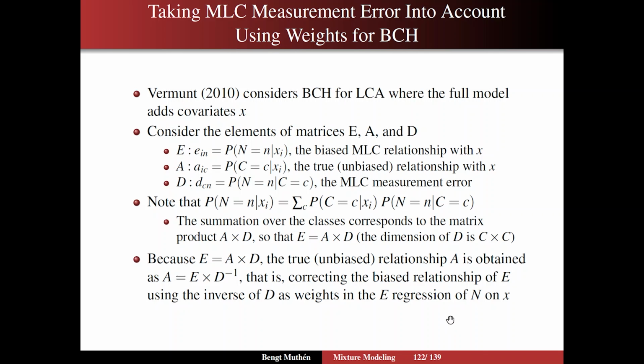So we adjust the n on x for the unreliability in n using this measurement error matrix, probability of n given C. The matrix A then contains the BCH weights that vary across individuals. We see up here that A has rows corresponding to individuals i. So those are the weights.